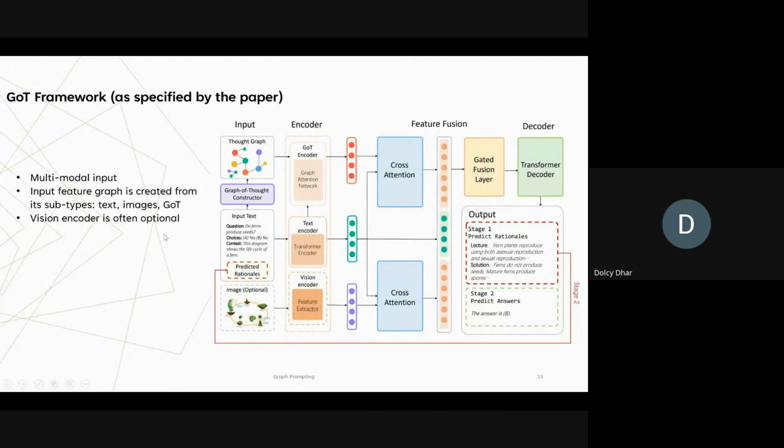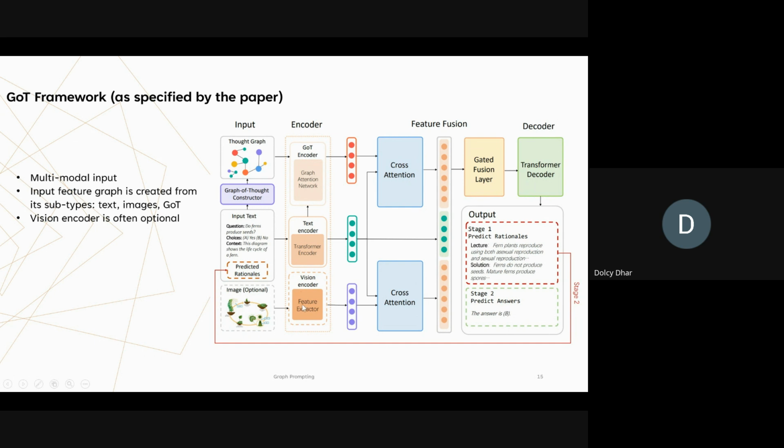So this is the GOT framework, the graph of thought framework that was mentioned in the previous paper that I showed. Here they have taken a thought graph, that's nothing but different thoughts being leveraged together. They have taken text here, that's a Q&A question, and they have taken an image. But as you can see, they have separate encoders for these things.